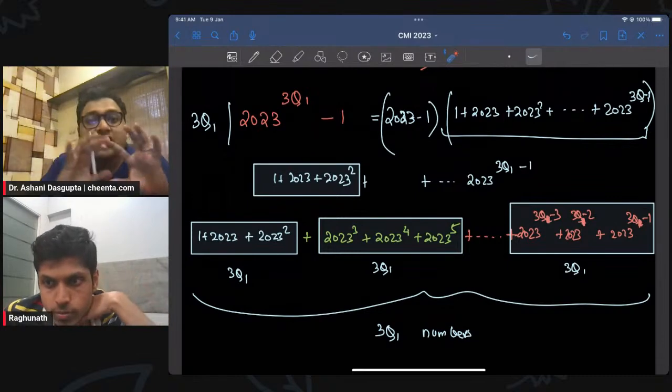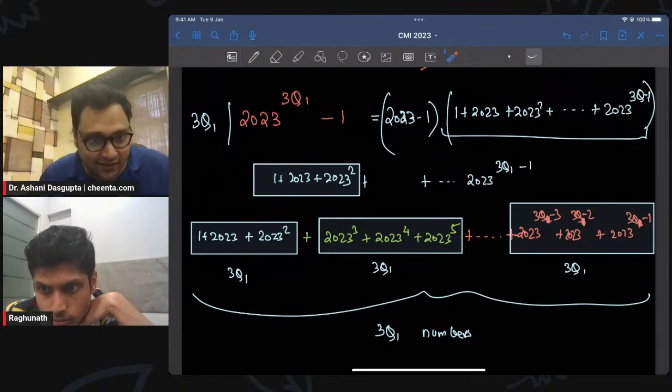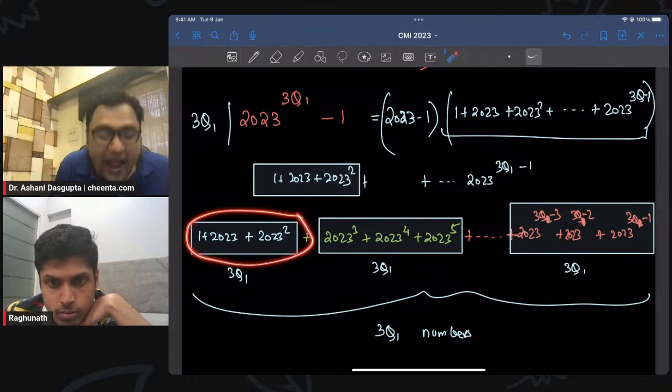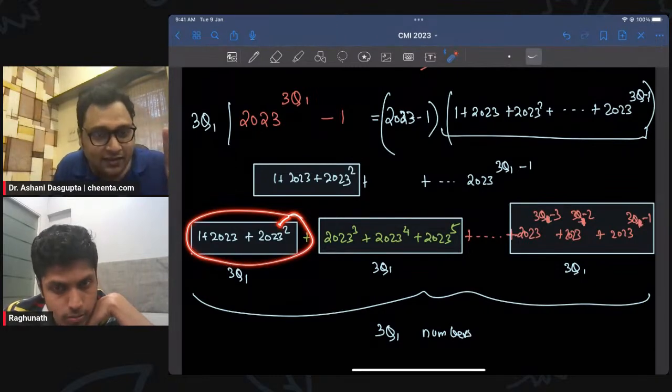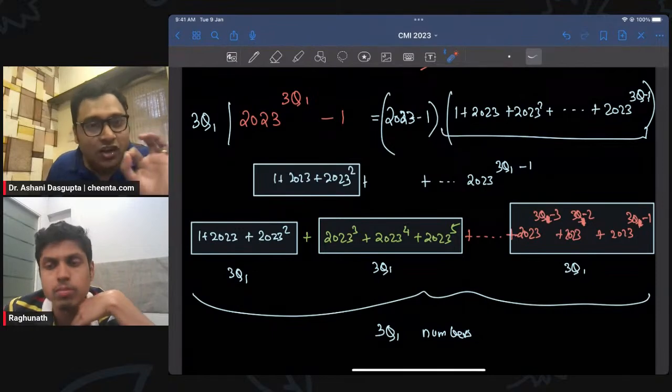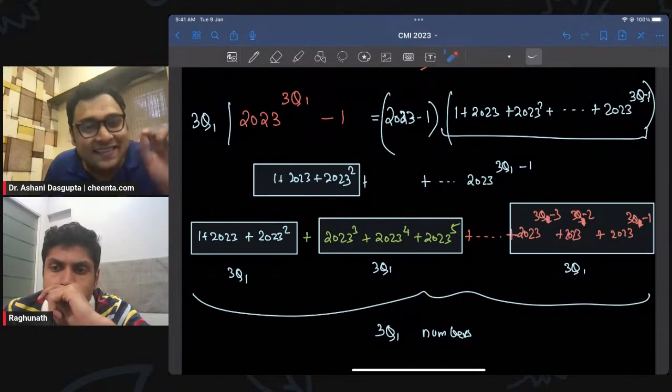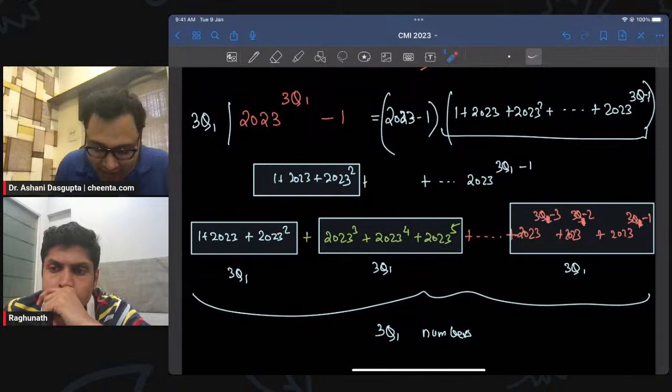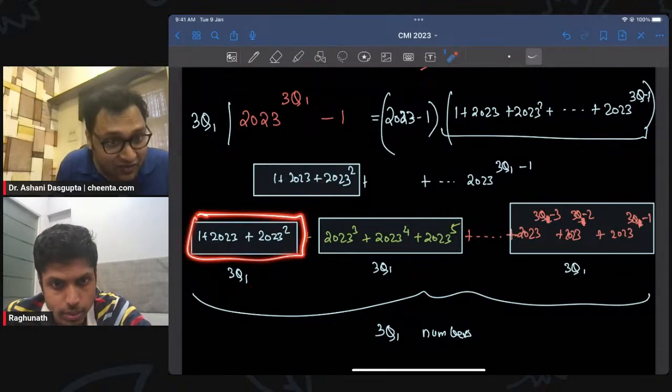So there are 3q1 numbers in this. Each group has 3 numbers, so there are q1 groups in total. Now each of these groups is divisible by 3q1, that we have already shown. The first one is 3q1 itself.